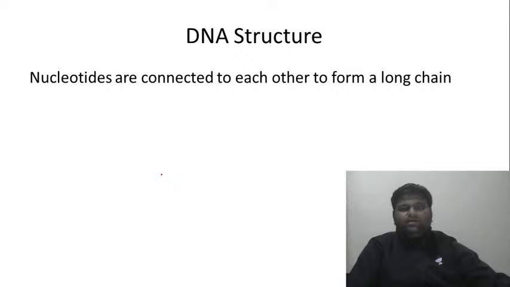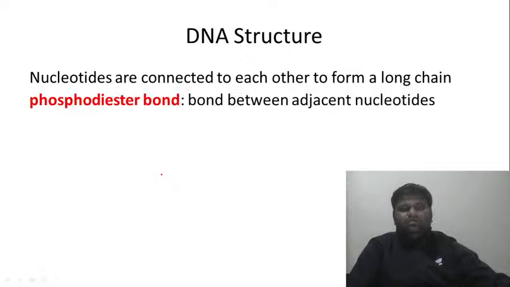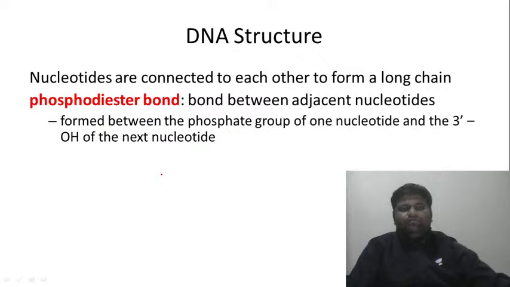Nucleotides are connected to each other to form a long chain. A phosphodiester bond is formed between adjacent nucleotides, between the phosphate group of one nucleotide and the 3' OH of the next nucleotide.